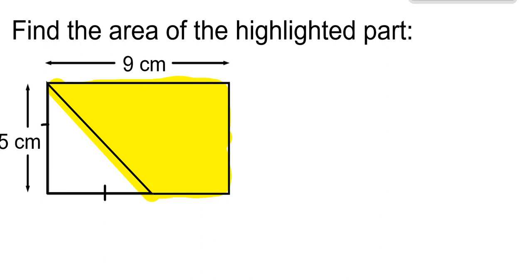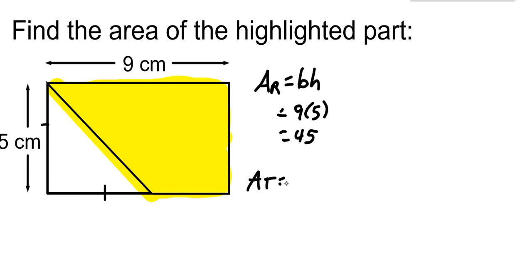So if you're doing sort of the shaded region type option, we can find the area of the rectangle. And the formula will be base times height. And so in this case, that will be 9 times 5, and we get 45. And then you can find the area of the triangle, which will be base times height divided by 2. In this case, it'll be 5 times 5 divided by 2, or 12.5.